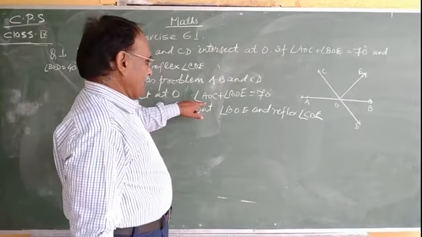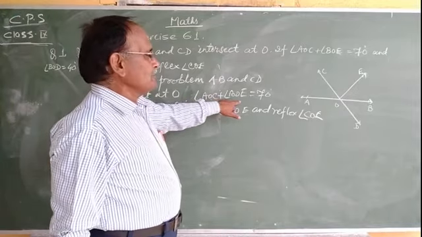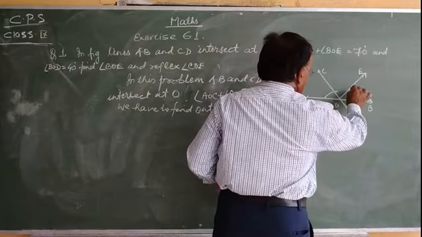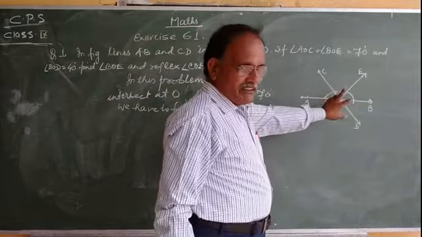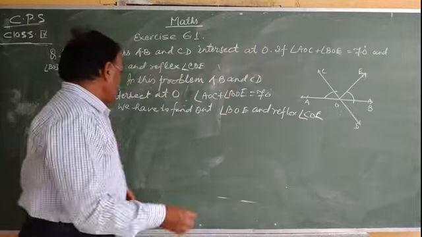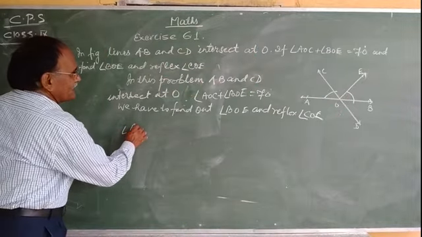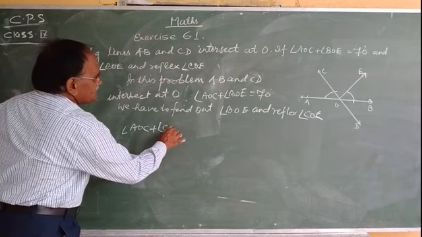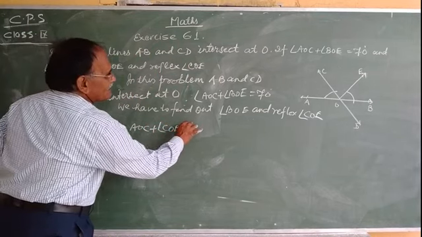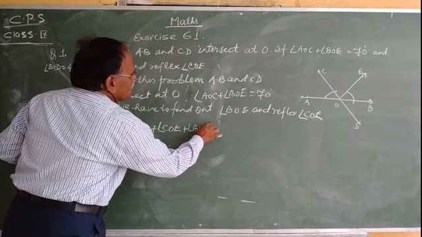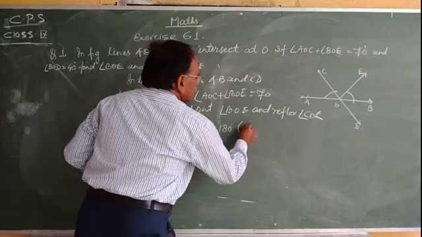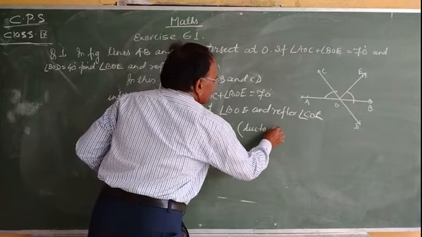These angles, angle AOC and angle BOE, sum to 70 degrees. It is given. So angle AOC plus angle COE plus angle BOE is equal to 180 degrees due to a straight angle.